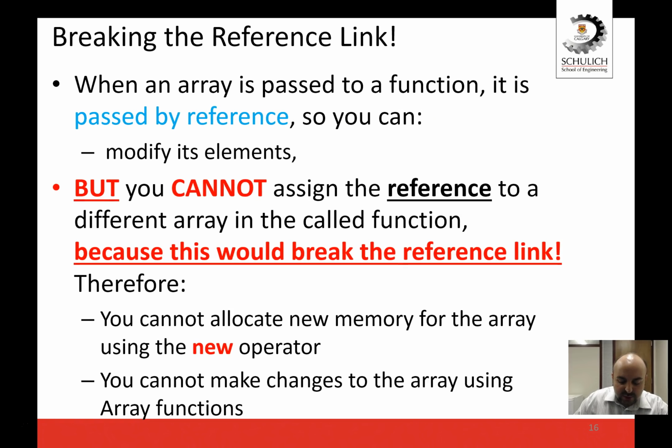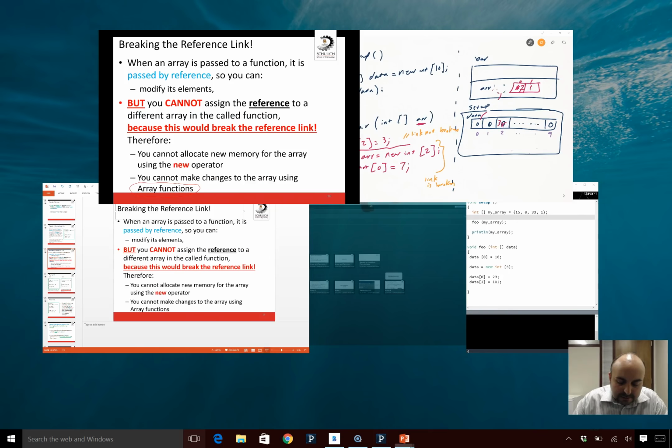The link is going to break if you use the new operator to reassign the reference, or if you copy anything to reference. And that's where the array functions come in, because in array functions, the way they work is that they copy their output to another array.